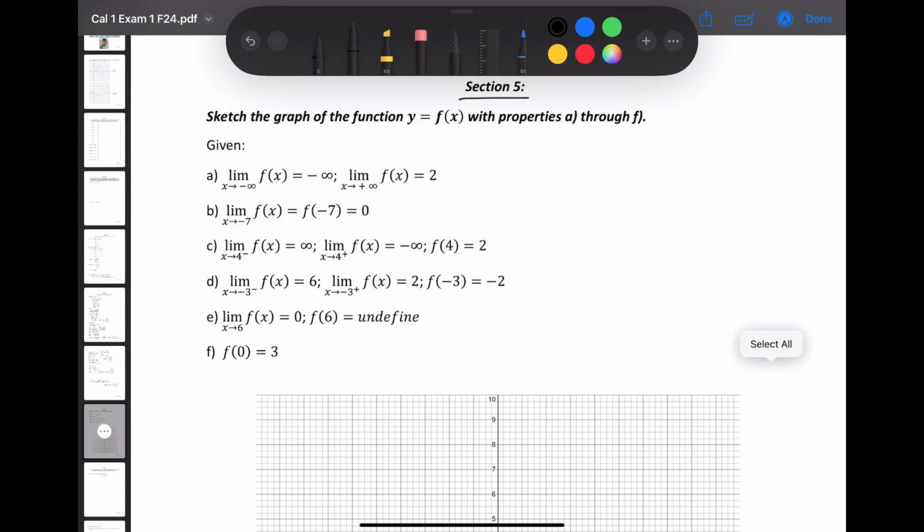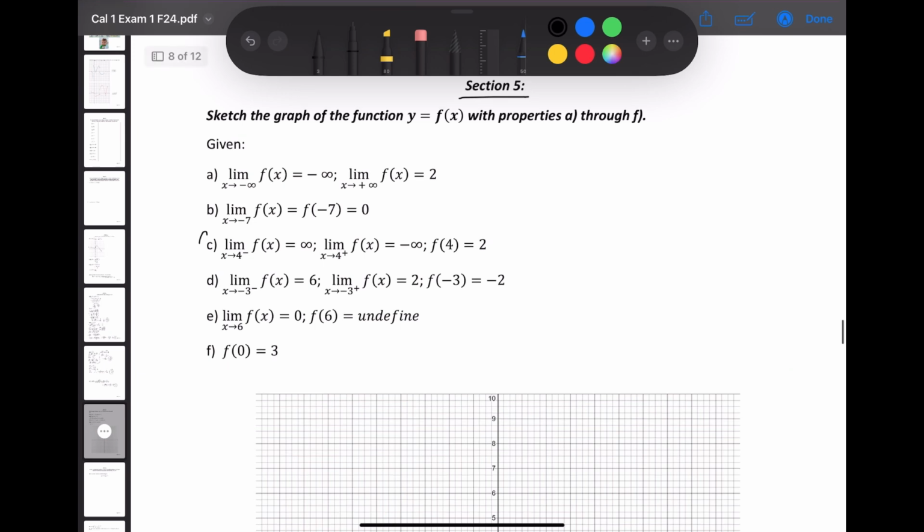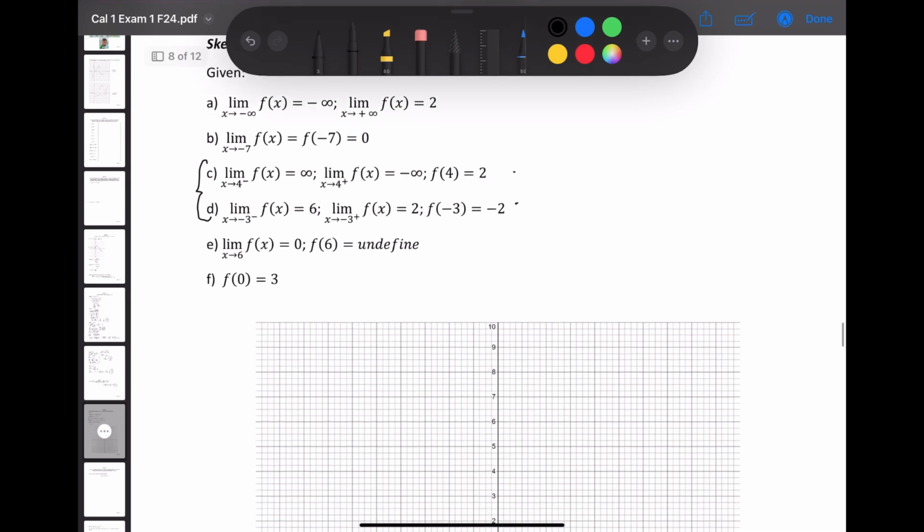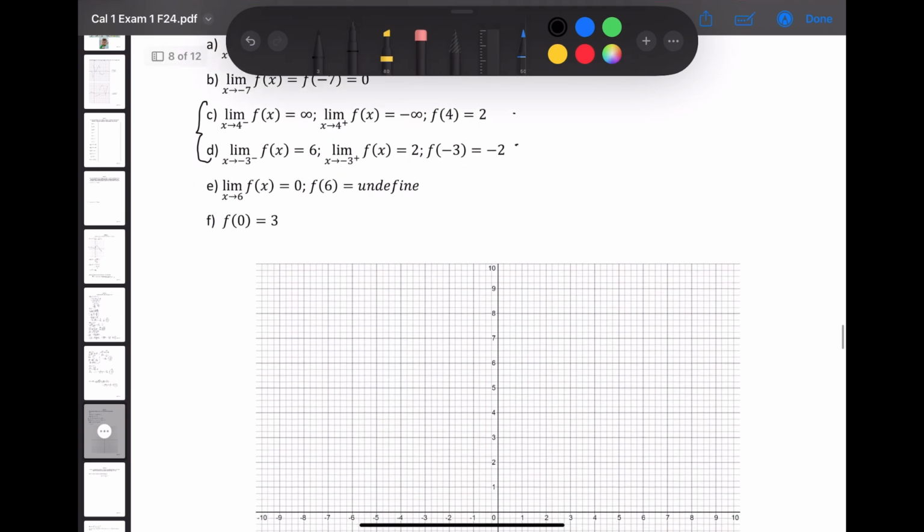So for these, I will go ahead and start in the middle, so it will be easier since there's more properties to these. It will help guide us throughout the way. So as limit x is approaching 4 from the left, f of x is infinity. So we know that we have 4 here.